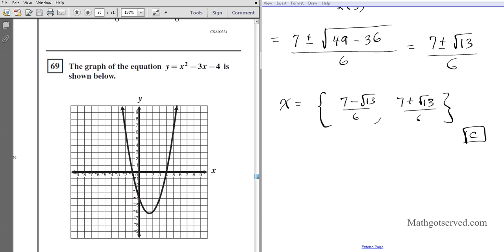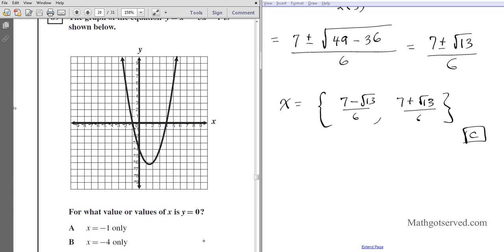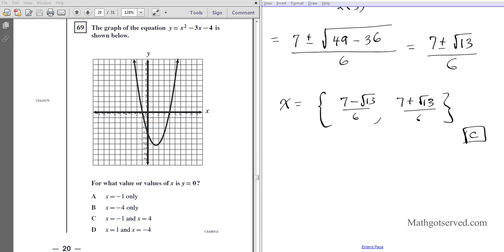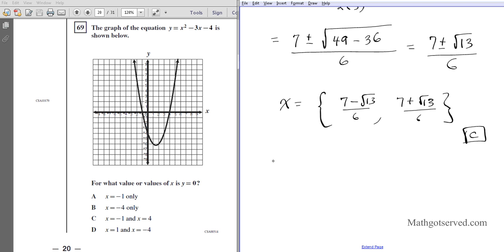Question 69. It says the graph of the equation y equals x squared minus 3x minus 4 is shown below. For what value of x is y equals 0? When y is 0, guess what? Whenever y is 0, you're on the x-axis, okay?